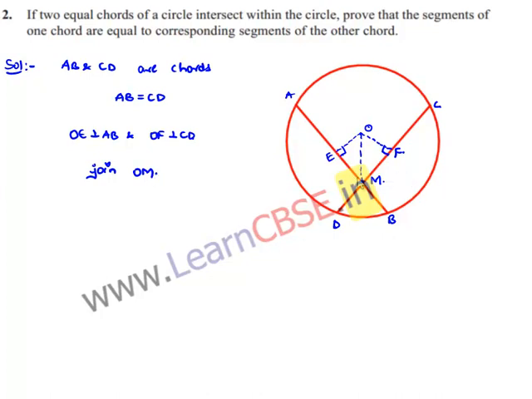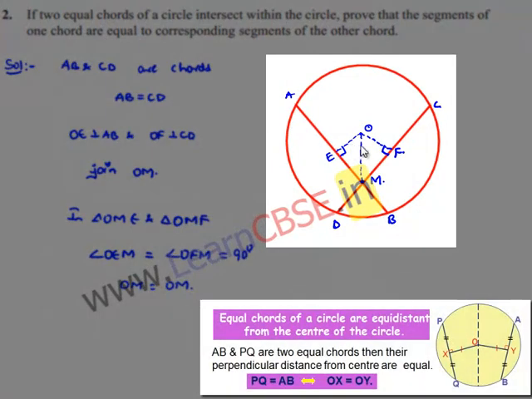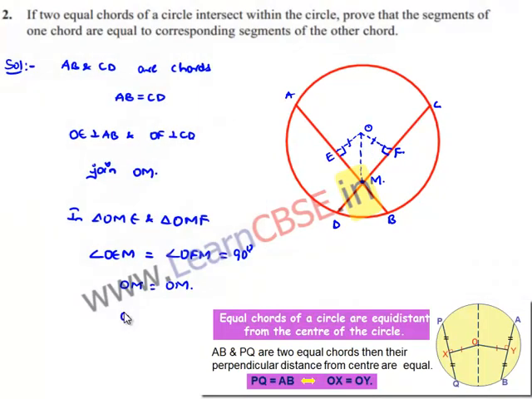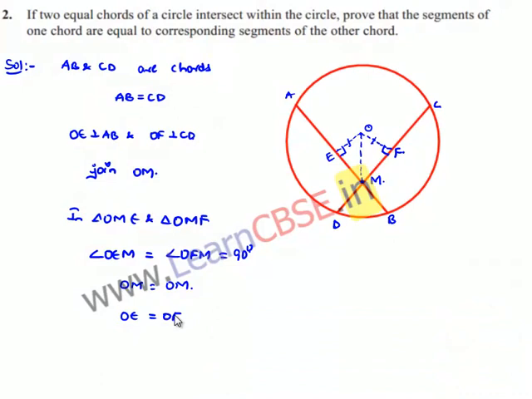Now if we observe triangle OME and triangle OMF, angle OEM is equal to angle OFM, which is 90 degrees, since we have drawn the perpendiculars, and OM is equal to OM, which is the common side for both triangles. The perpendiculars drawn from the center to equal chords are of equal length. Therefore OE is equal to OF.